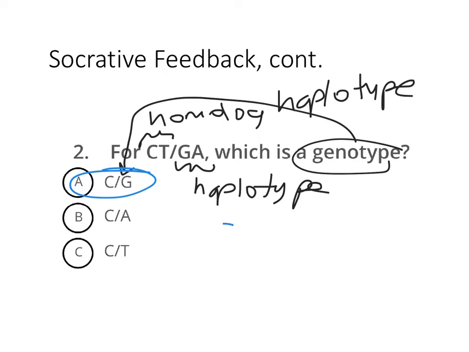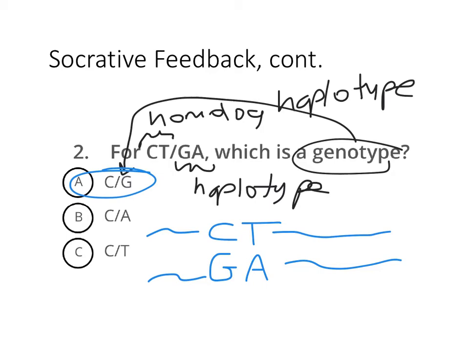CG. Because if you write out CT as in the sequence of a chromosome, like we just looked at in the previous slide, and you write out GA, there is a genotype C/G and another genotype T/A. 2 different parts of the same chromosome.